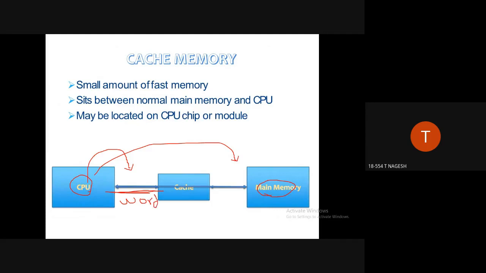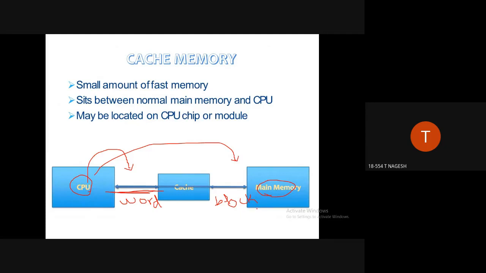So between the processor and cache memory, word transfer happens, and between cache memory and main memory, block transfer happens.